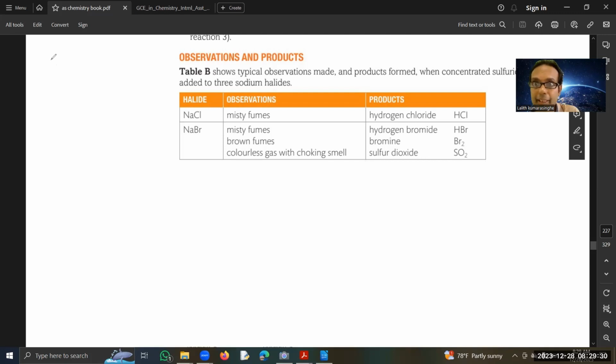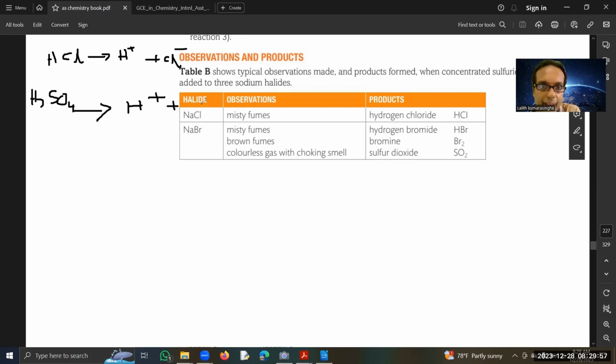First step: normally HCl breaks up into H plus ions and chloride ions. So sulfuric acid, H2SO4, in the first step will break up into H plus ions and bisulfate ions, HSO4 minus.